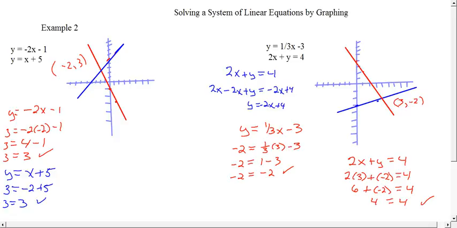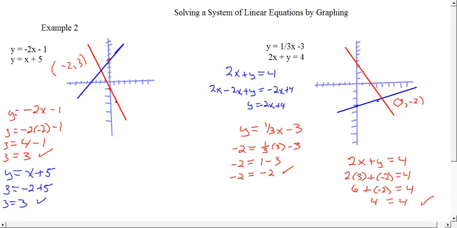So just some information you need to know: all solutions of a linear equation are on its graph. And to find a solution of a system of linear equations, you need a point that each line has in common. In other words, you would have to look for their point of intersection.